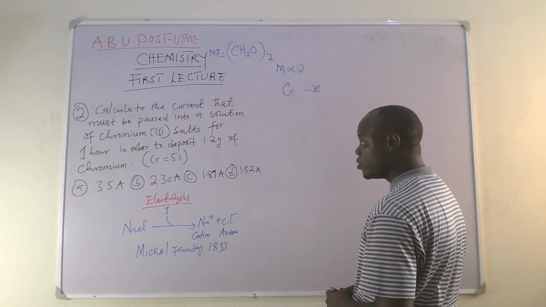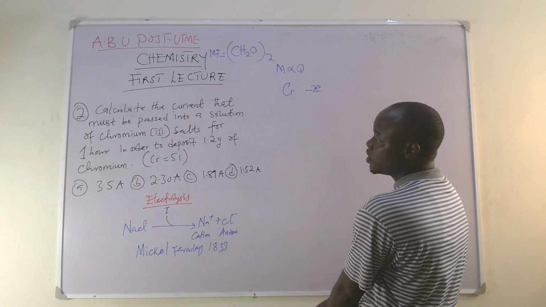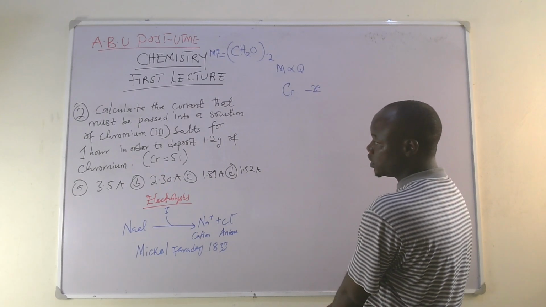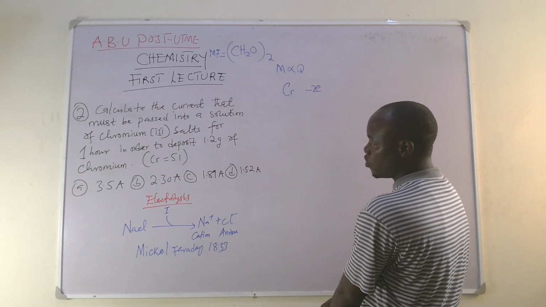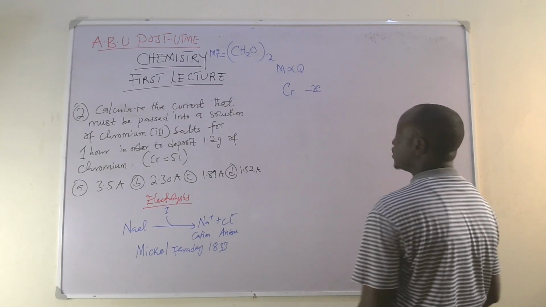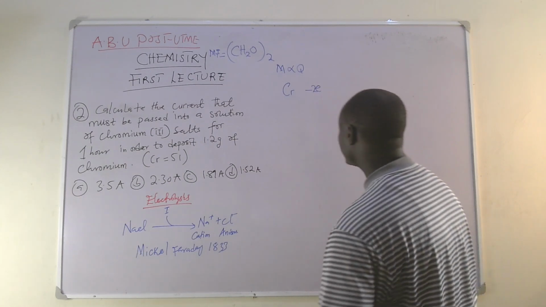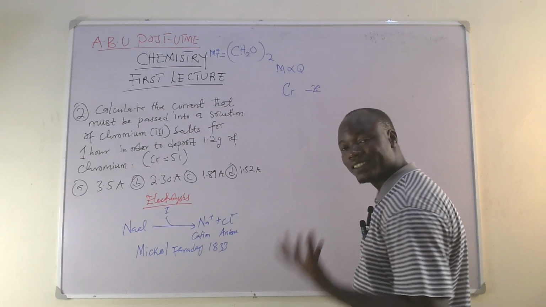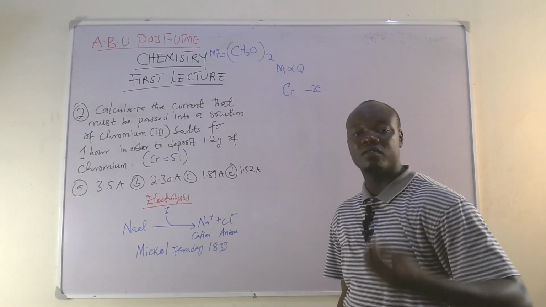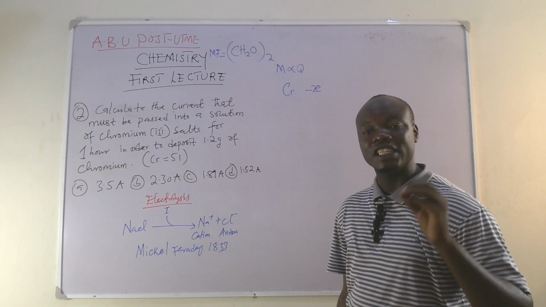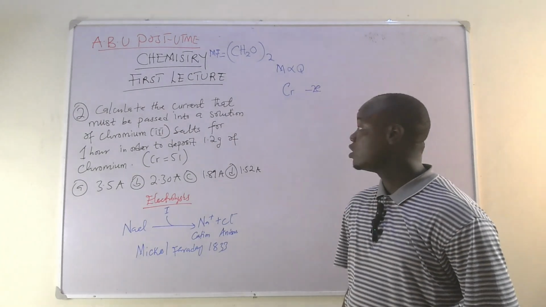Remember, chromium is a transition element and they usually have a variable oxidation number.